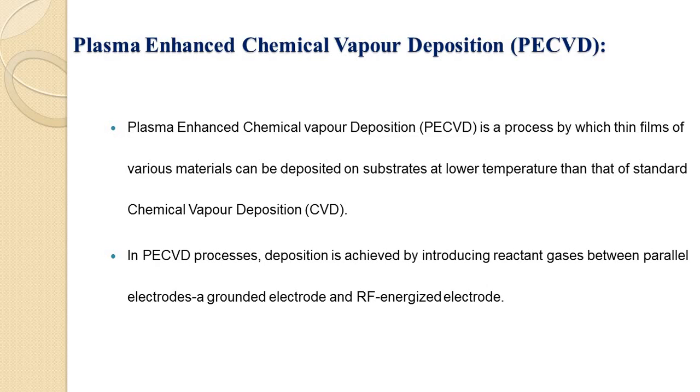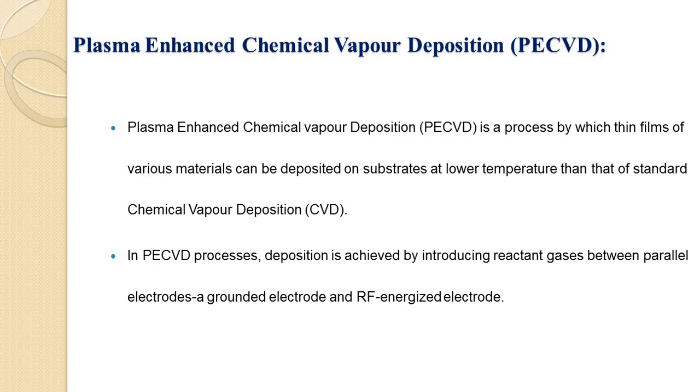In PECVD processes, deposition is achieved by introducing reactant gases between parallel electrodes, that is a grounded electrode and an RF energized electrode. The capacitive coupling between the electrodes excites the reactant gases into a plasma, which induces a chemical reaction and results in the reaction product being deposited on the substrate.